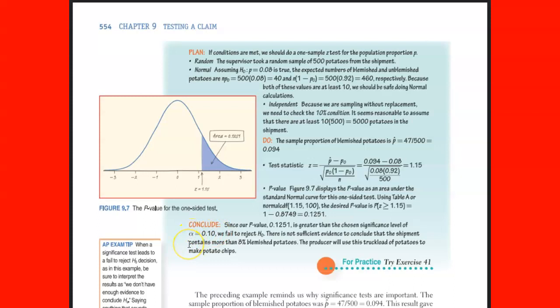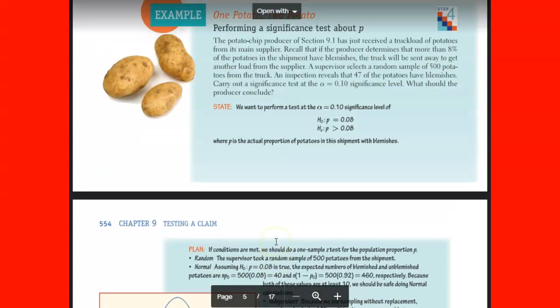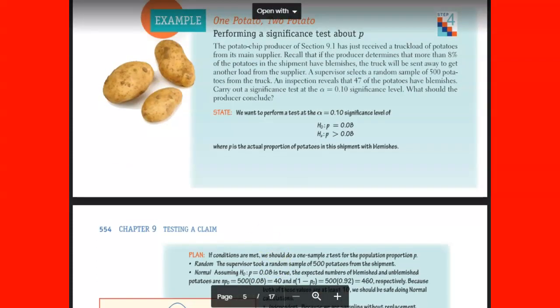If the p is low, reject the null hypothesis. But this p is not low. So here's the way I do it: I say I would fail to reject. It is not low enough to reject. I don't accept the null hypothesis, but I fail to reject it. And I say, sorry, nope. I don't have enough evidence right there to send that truck back.